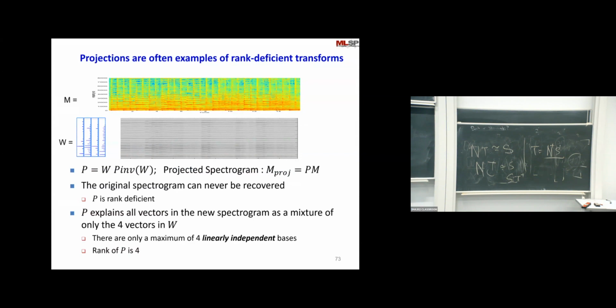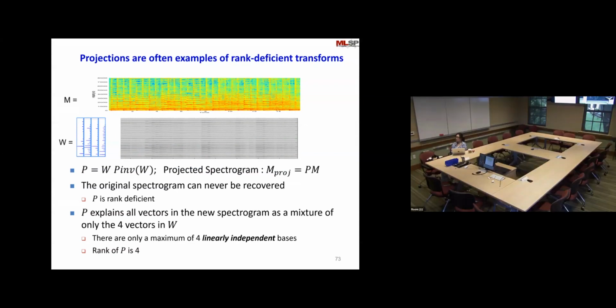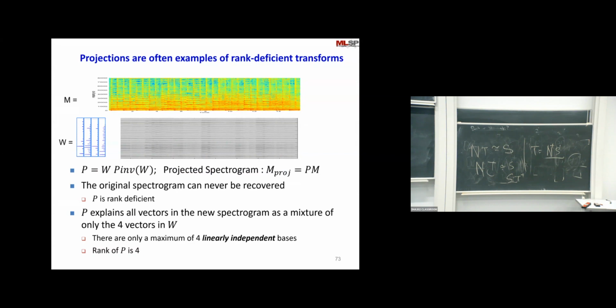If I'm trying to explain the music in terms of only 4 notes, I'm constructing a projection matrix using the 4 notes, right? What is the rank of the matrix? Who said 4? Did anybody else say any other number? Okay, so you can answer this, 4.